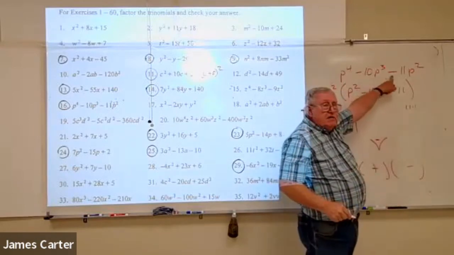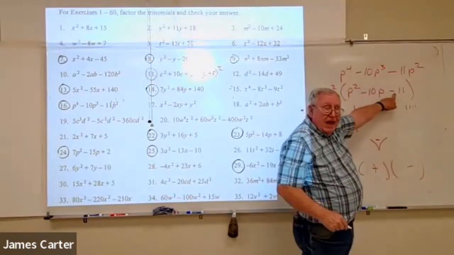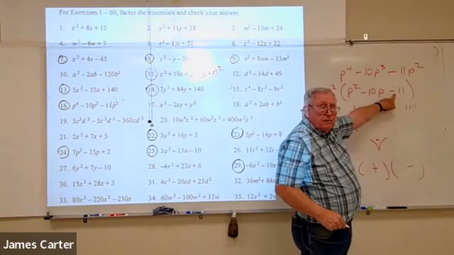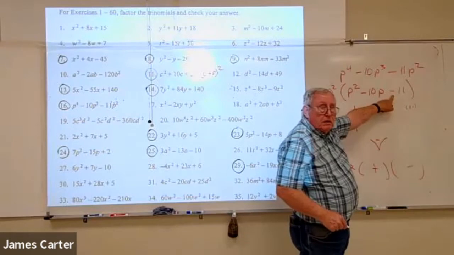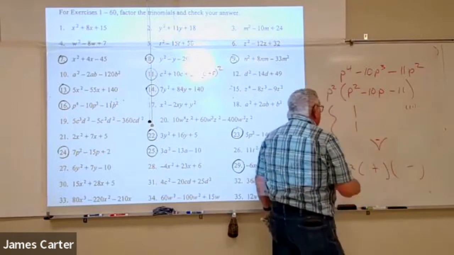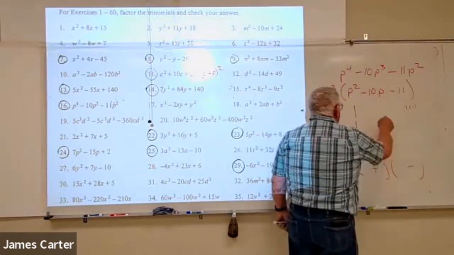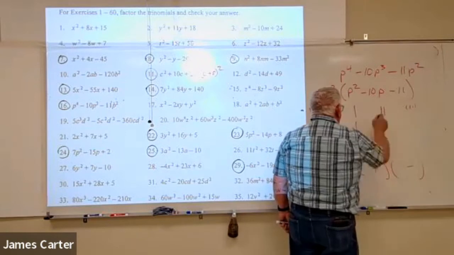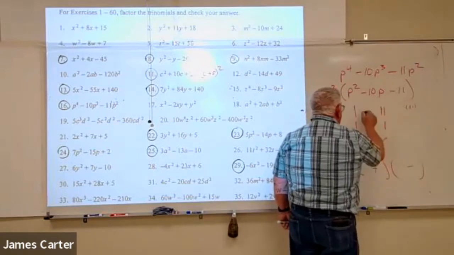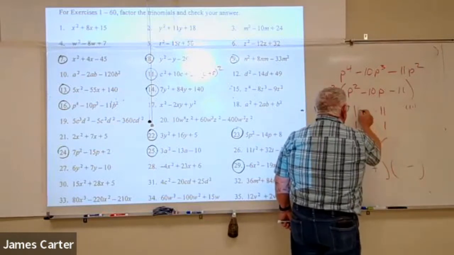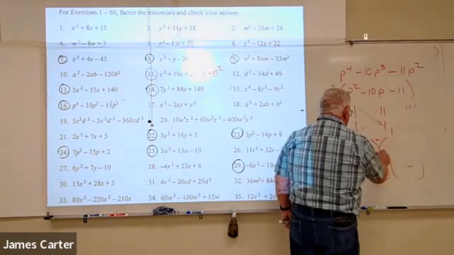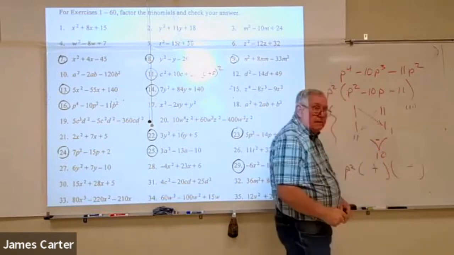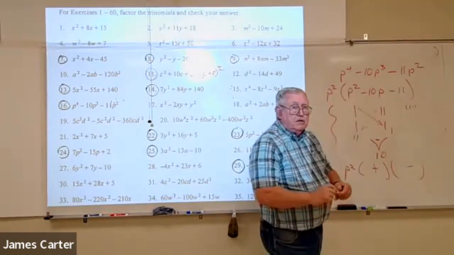Anytime you have a negative sign here, you have to subtract. If you have a positive sign there, you have to add. Okay, now, I got the 11 and the 1. I multiply these two and I get 11. I multiply these two and I get 1. I subtract them and I get 10. Okay, are you with me so far?